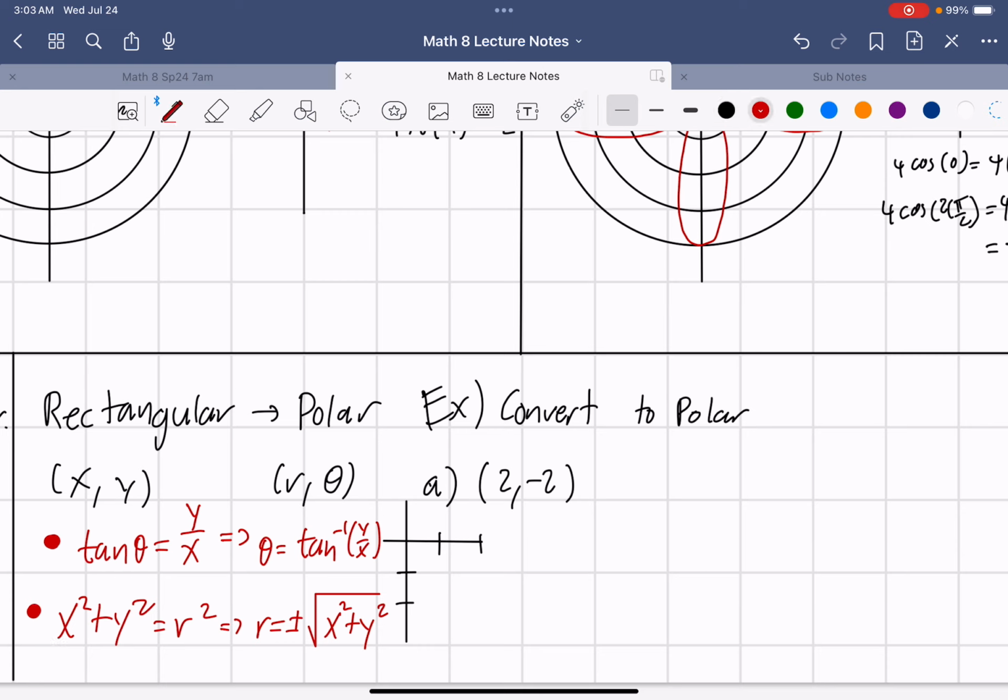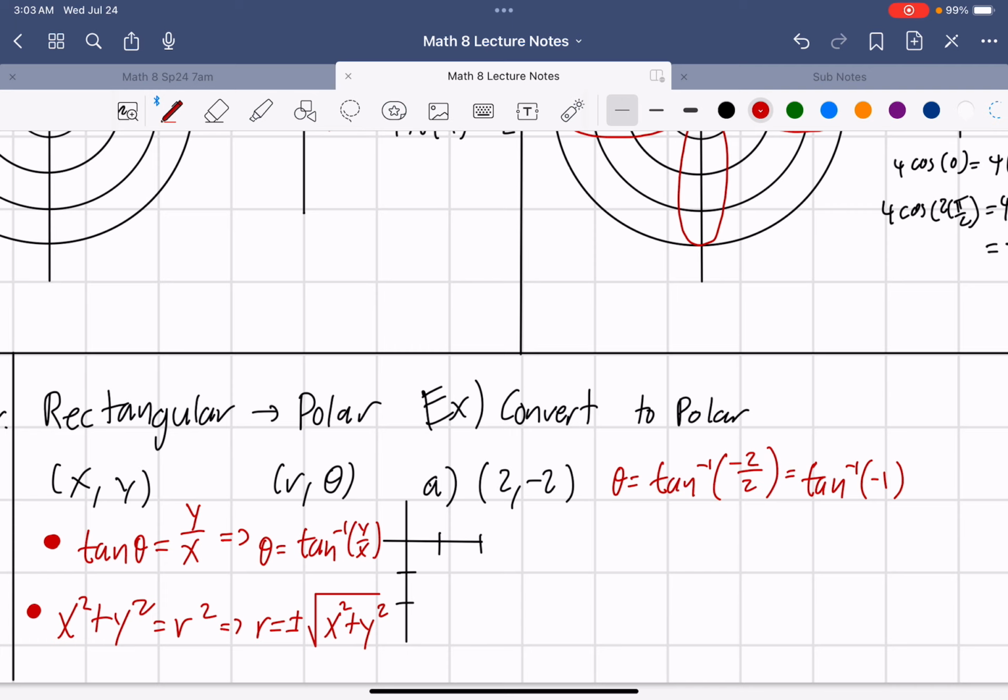So to find my theta, I'm just going to plug in. So tangent theta is going to be tangent inverse of negative 2 over 2, which gives me tangent inverse of negative 1.